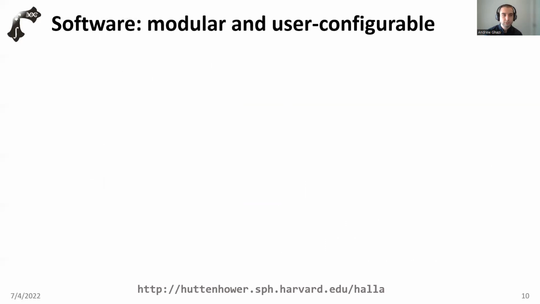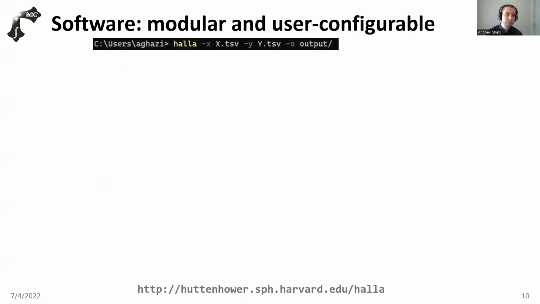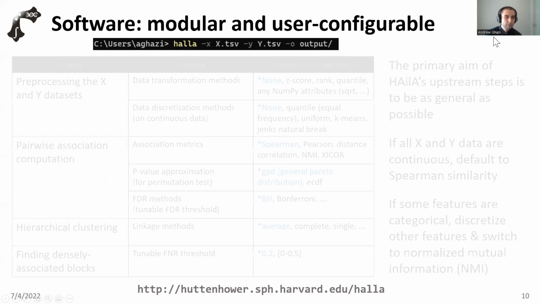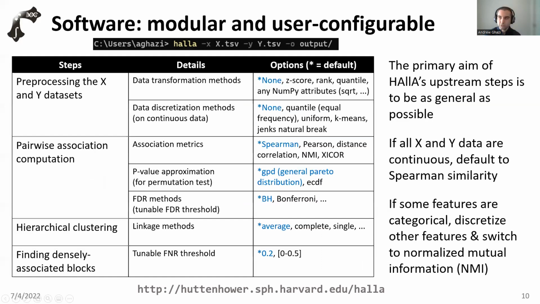And so we've configured this all into a nice, easy to use software package. It's just, Hala, give it an X, give it a Y, and then tell it where to put the output. And there are a lot of user configurable parameters that can be changed to suit a given analysis.